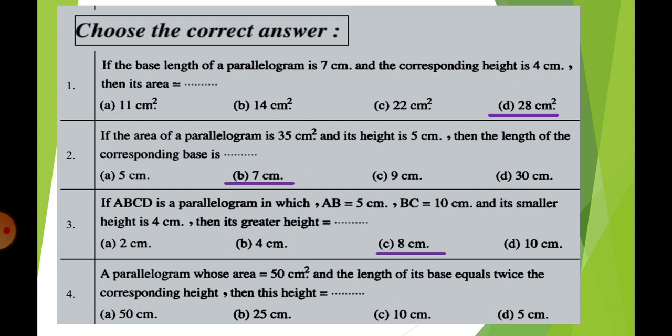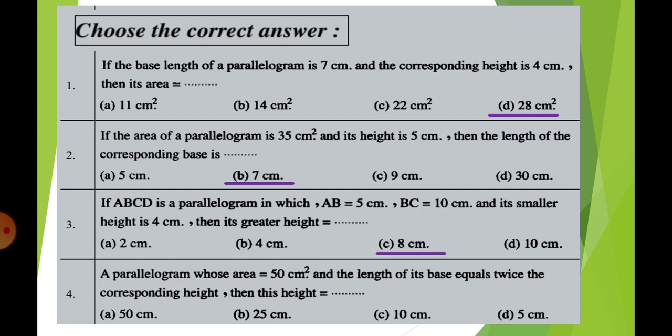Number 4, the parallelogram of the area 50 centimeter squared, and the length of its base equals twice the corresponding height. If height equals x, then the base equals 2x. Area equals base times height, then the area equals 2x multiplied by x equals 2x squared.